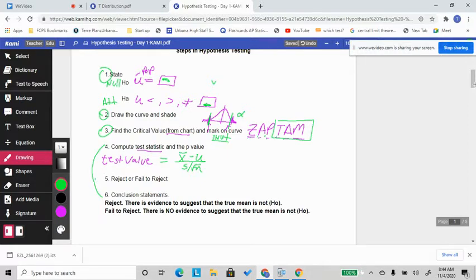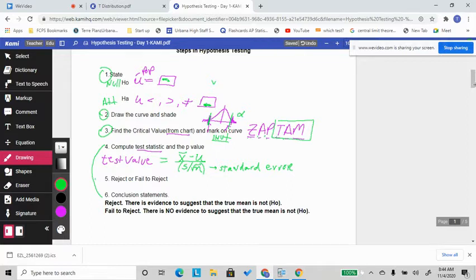If you notice, this comes from the confidence intervals, and this is your standard error from the confidence intervals. Confidence intervals and hypothesis tests sometimes have a lot in common, and we'll talk about that in a later section.